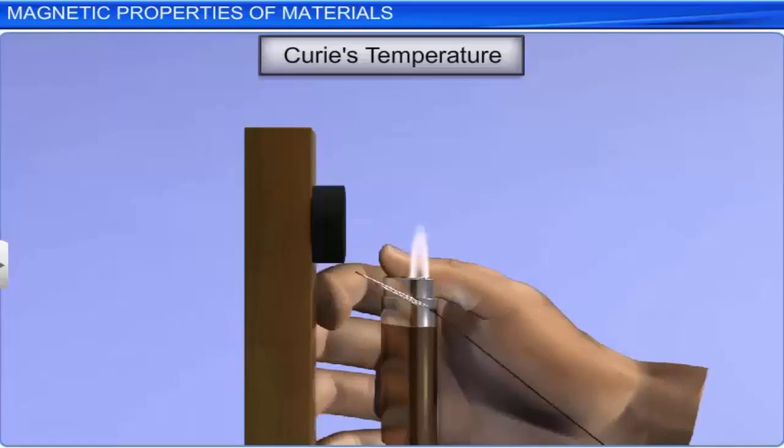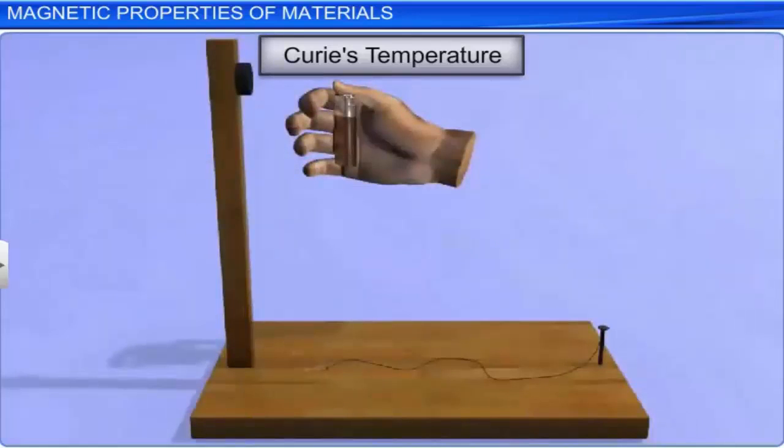That is, at that temperature, the clip transforms from being ferromagnetic to paramagnetic. This transition temperature is known as Curie's temperature. In other words, the temperature of transition from ferromagnetic to paramagnetic is called Curie temperature and is denoted by Tc.